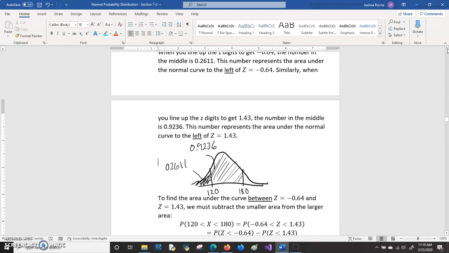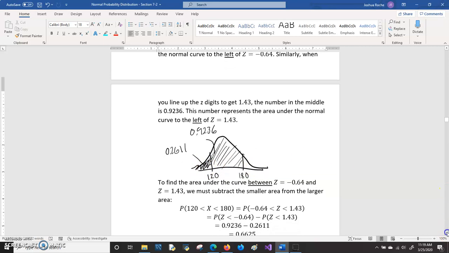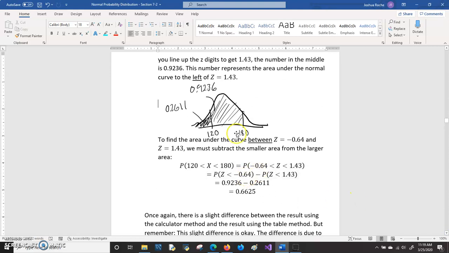So what you can do is subtract 0.9236 minus this overlap right here of 0.2611. When you subtract the two, you end up with 0.6625, and that represents the area in between that's left over.